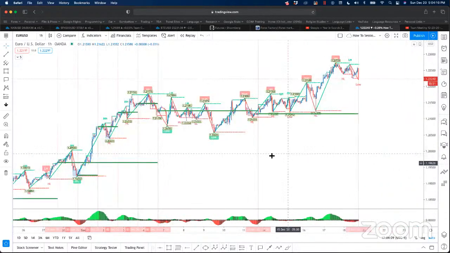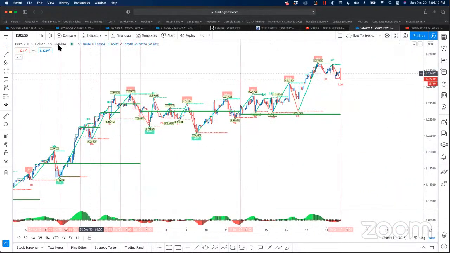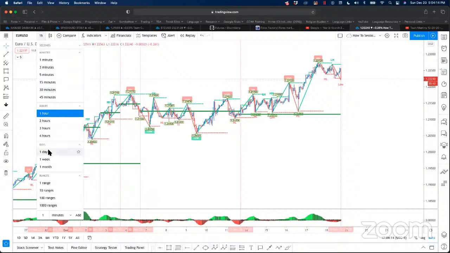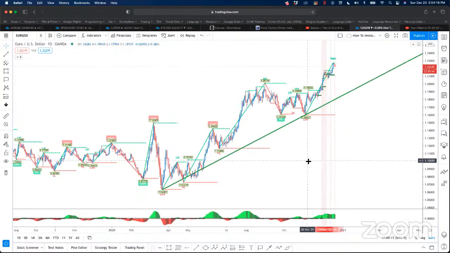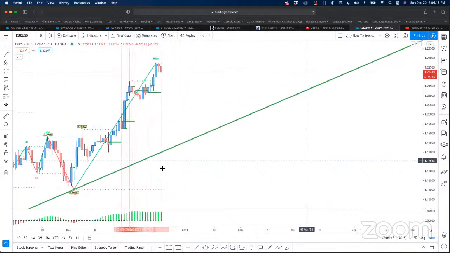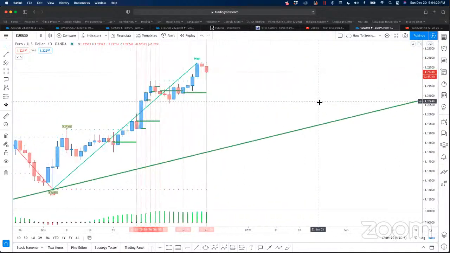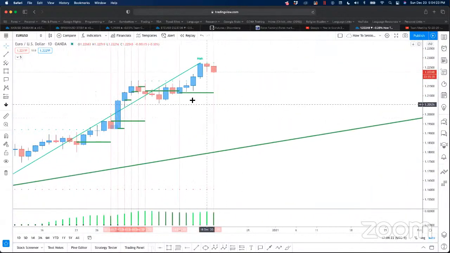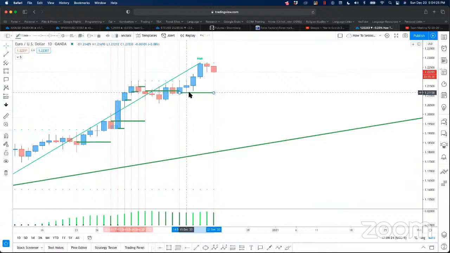If we break down this week, we know where the week started and ended. This was the opening for this week. This was the opening for Tuesday.